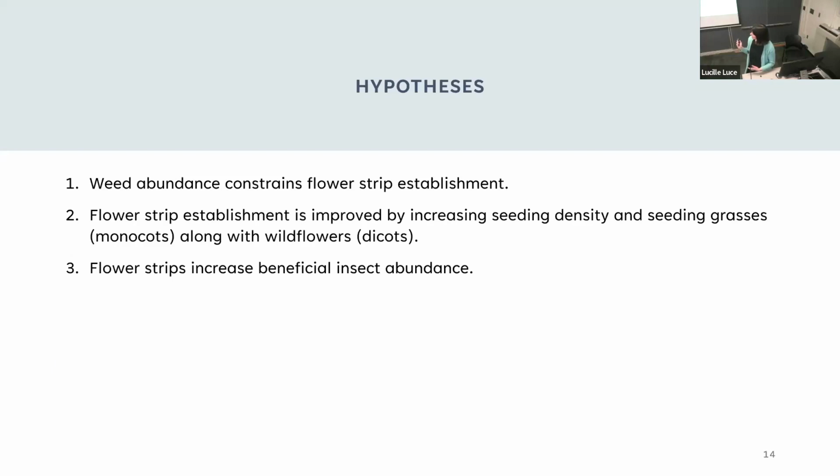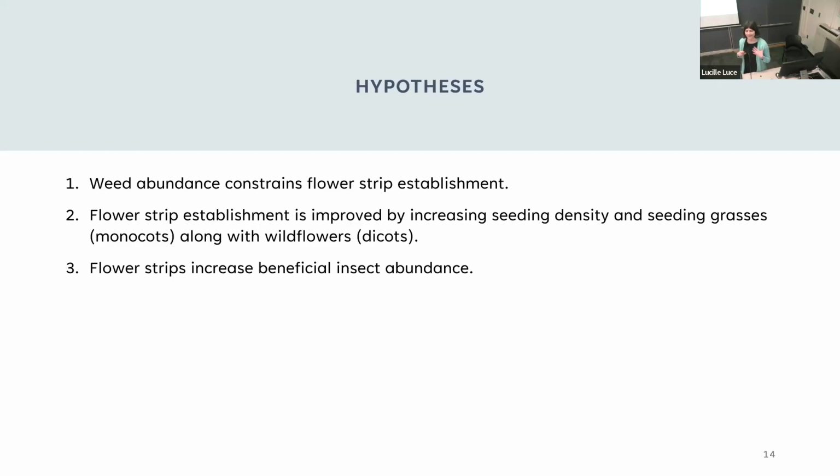I think that weeds would be a problem, but that this problem could be ameliorated some if you were to seed your flower strip at a high density, and if you were to use a seed mix composition that contains not just native perennial flowers, but also some native perennial grasses to help take up some more space. Basically, this would be a cultural weed suppression strategy.